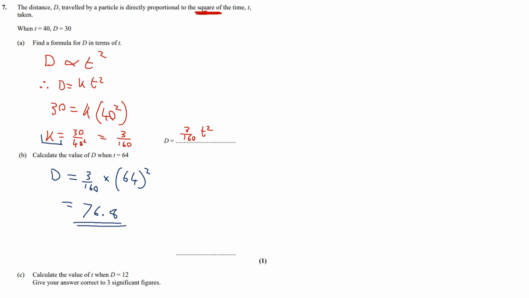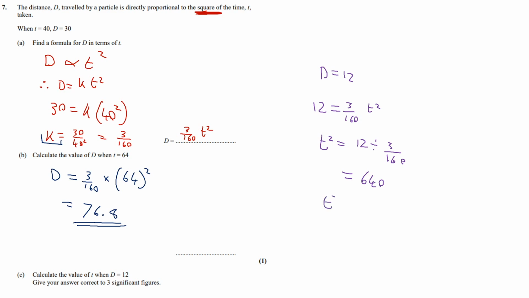What about how we work out t when d equals 12? Well, when d is equal to 12, right, 12 is equal to 3 over 160 t squared. So then we need to go t squared is equal to 12 divided by 3 over 160, which is just 640.